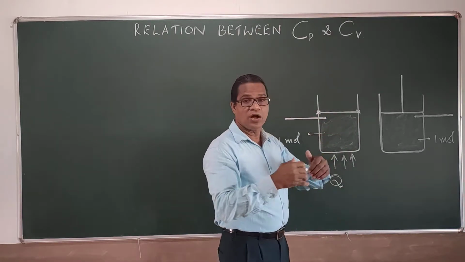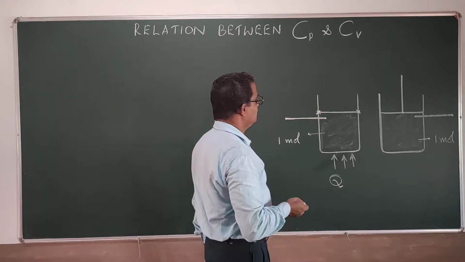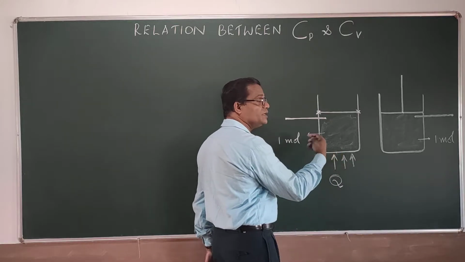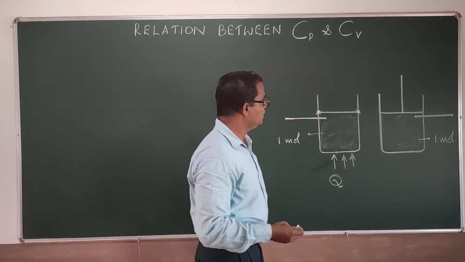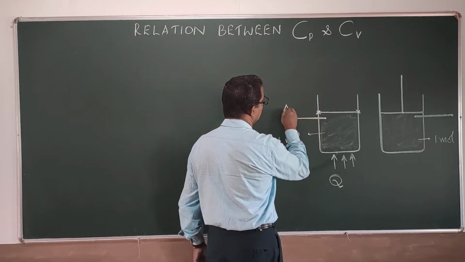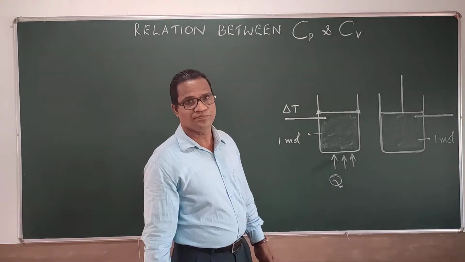It is not allowed to expand. And therefore whatever heat energy is given, the whole heat energy is used up in heating the gas, and therefore the temperature of the gas is increasing through a value of delta T Kelvin.